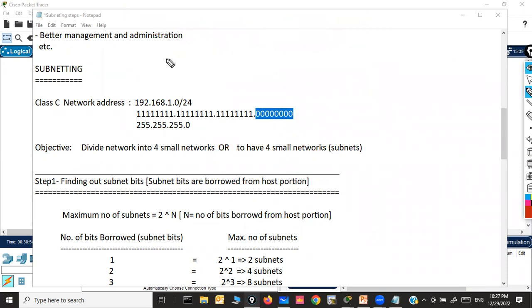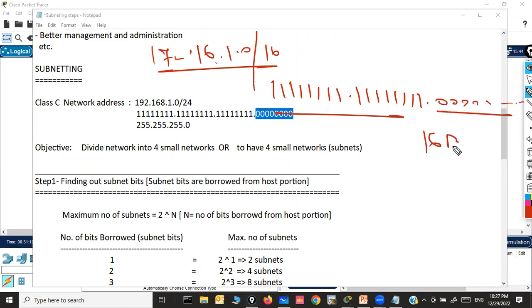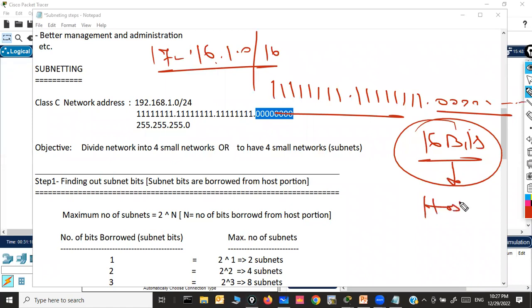Let's say you see an address like 172.16.0.0/16. So /16 means 16 ones, the network portion, and the rest are 16 zeros. So we still have room for subnetting because there are 16 host bits. We can borrow 2, 3, 4, 5, 6, 7, whatever we want from the 16.